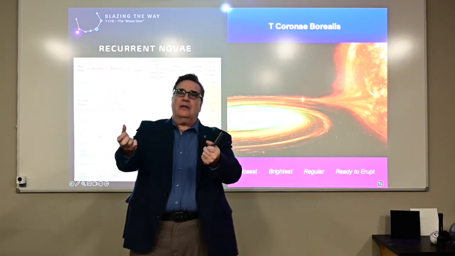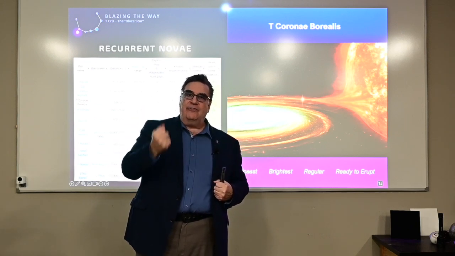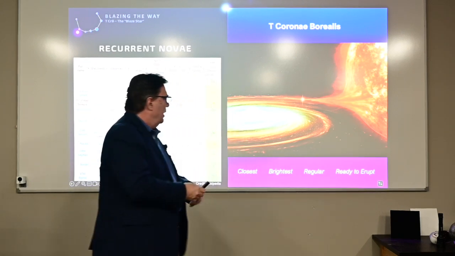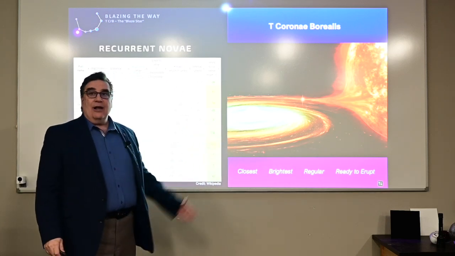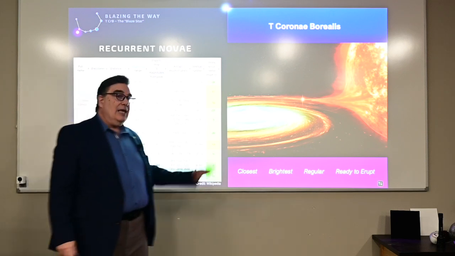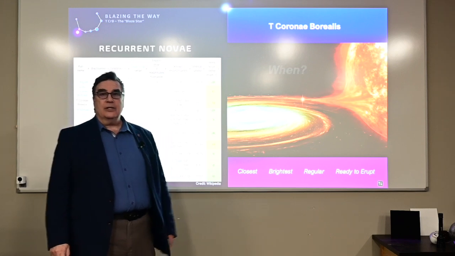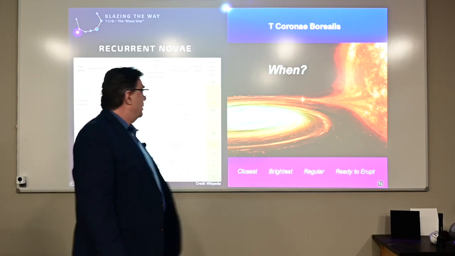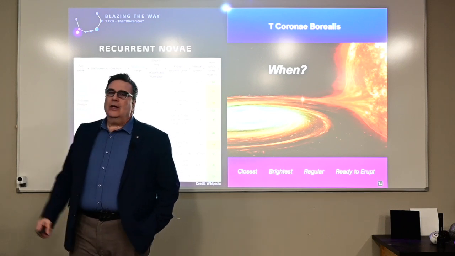So that means that it is within the range of more amateur and professional observatories. It is among the most regular in its eruption out of all 10 of these recurrent nova. And of course, according to this, it is ready to erupt. So when? When is this going to happen?